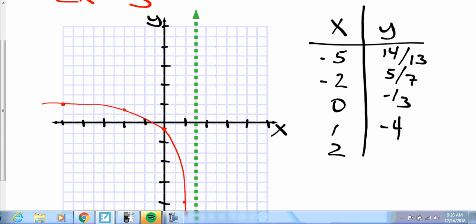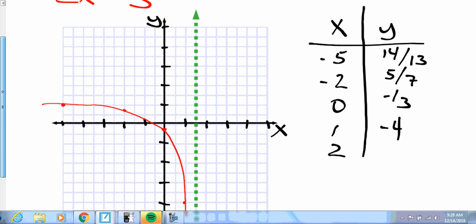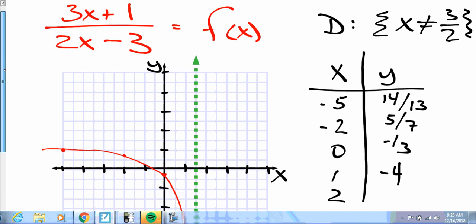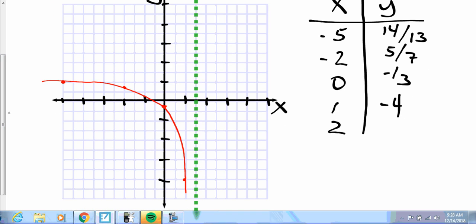Again, when x equals 2, let's rewrite this. 3x plus 1 over 2x minus 3. So when x equals 2, 6 plus 1 is 7 over 1, right? Positive 7.